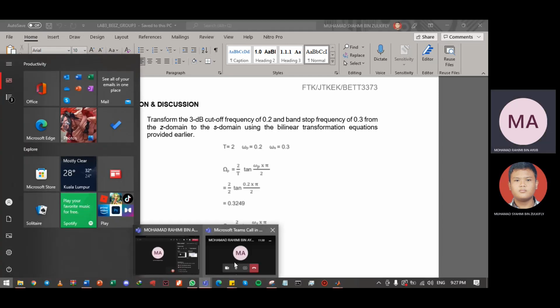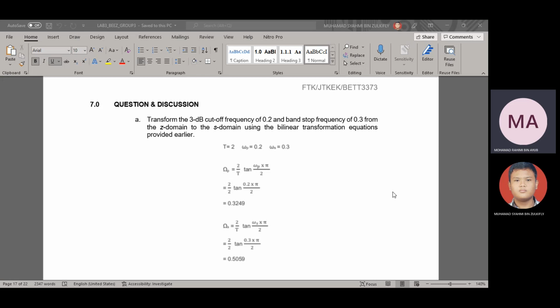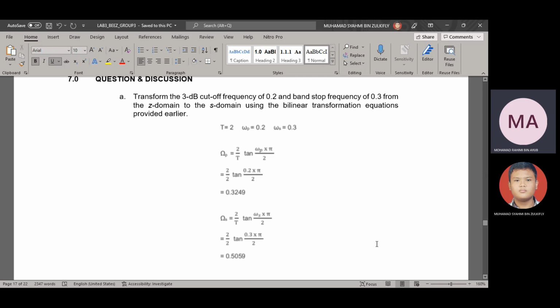Okay, Assalamualaikum. So I want to explain the questions and discussion. For A, transform the 3 dB cutoff frequency of 0.2 and band stop frequency of 0.3 from the Z domain to the S domain using the bilinear transformation equation provided earlier. From this we can see T is equal to 2, omega P is 0.2 and omega S is 0.3.